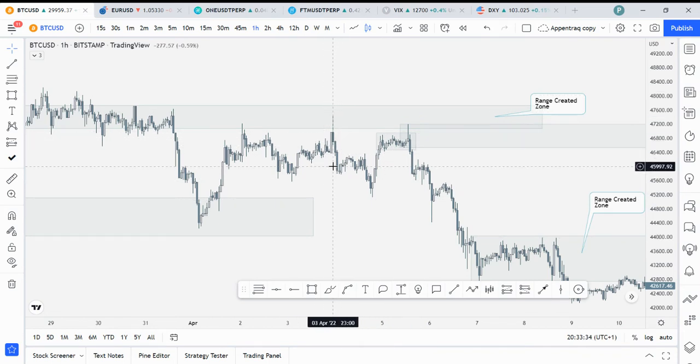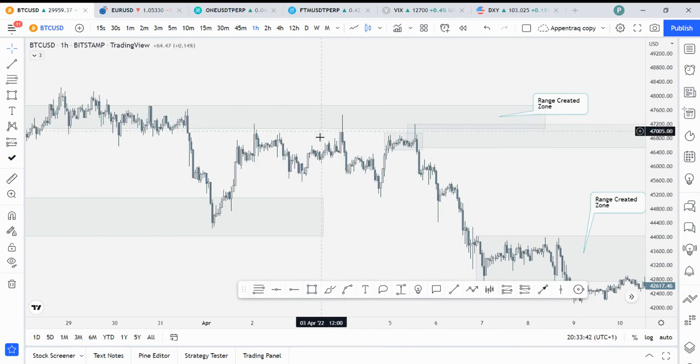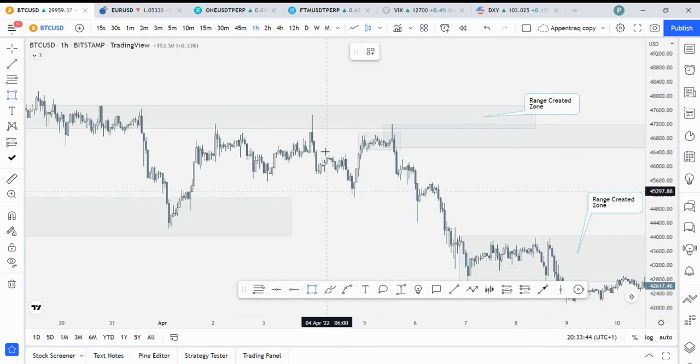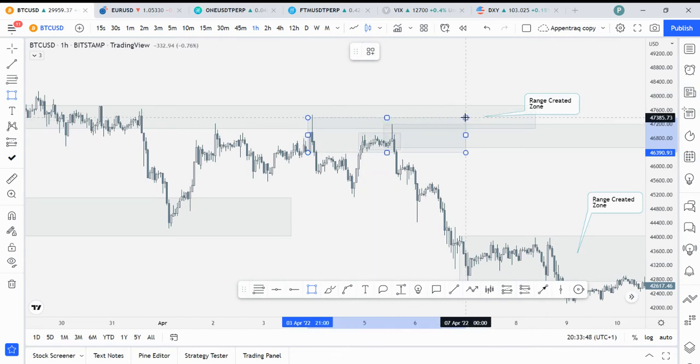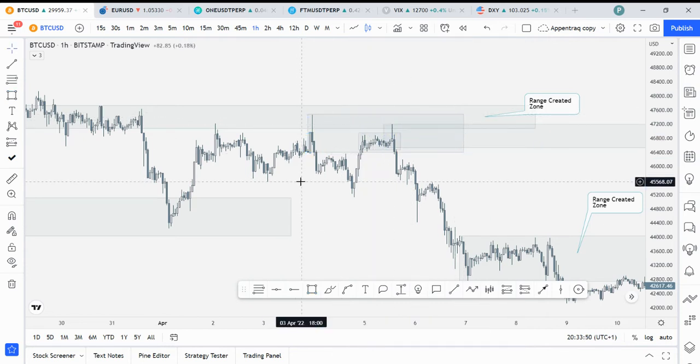You can see the Marubozu candle showing that there is a lot of sell pressure. So if I want to map this out, ideally, I'm going to map out the whole of this area. This is a buy to sell candle. This is what I call a buy to sell candle.